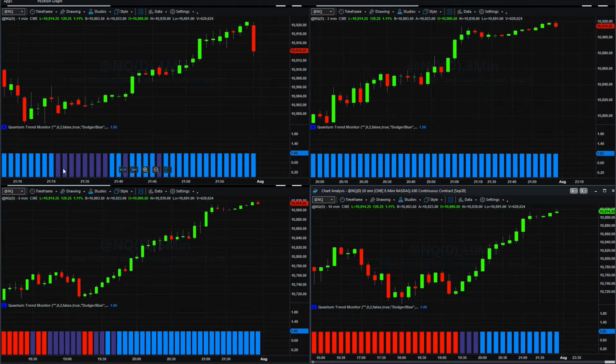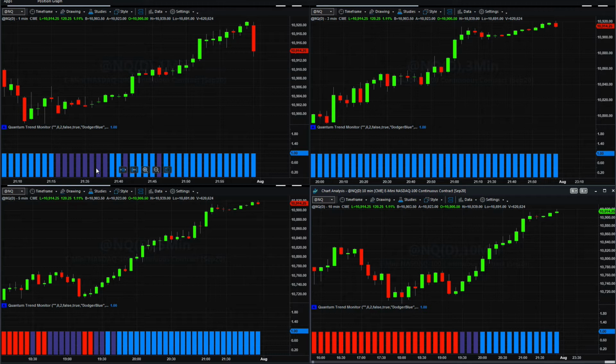Now when we move into these transitional colors, this is when we are moving into the congestion phase. And what we see is either a darker blue or a darker red developing. There is no guarantee that when we go from what we call a primary trend lower to a primary trend higher, in other words, from bearish to bullish, that we are going to go through the full spectrum of colors.